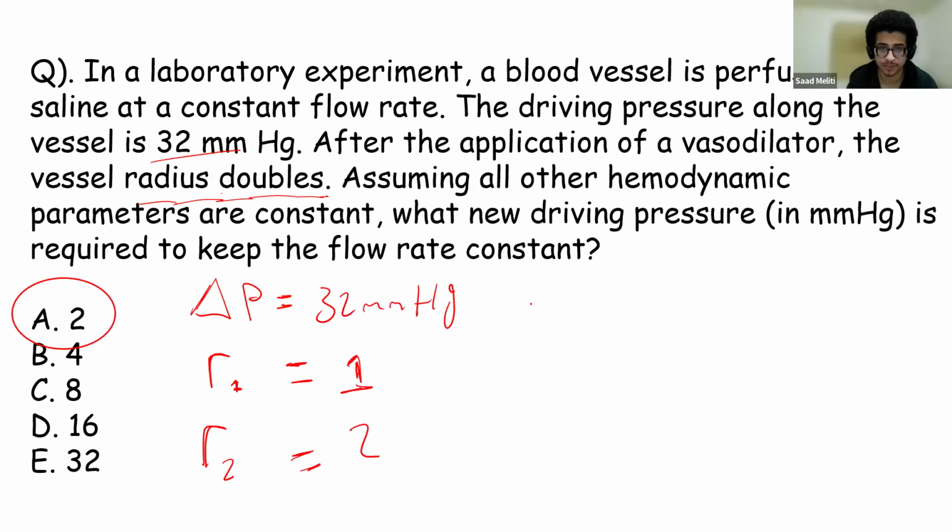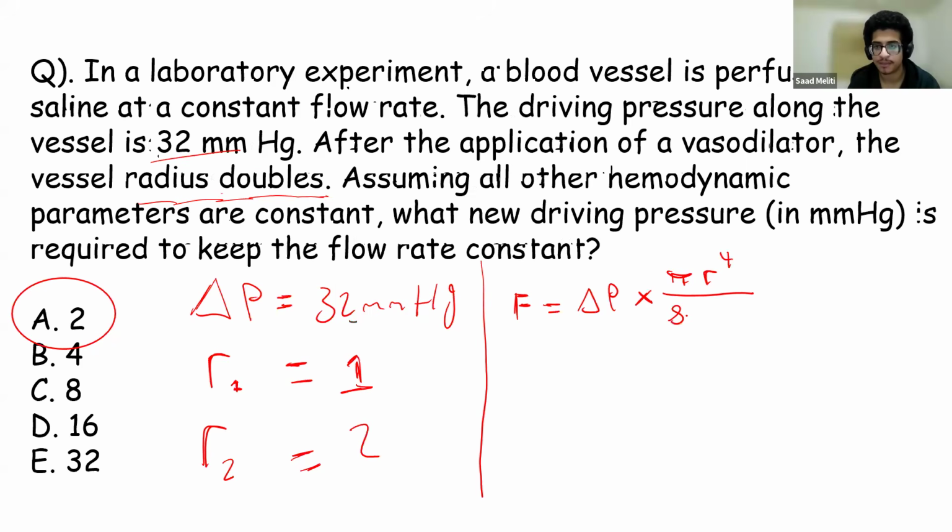So we can plug it into the equation. Let me make a divider here. We said that flow is equal to the pressure gradient times pi times r to the power of 4 divided by 8 viscosity times length. Now let's look at the flow of the vessel before it vasodilated.